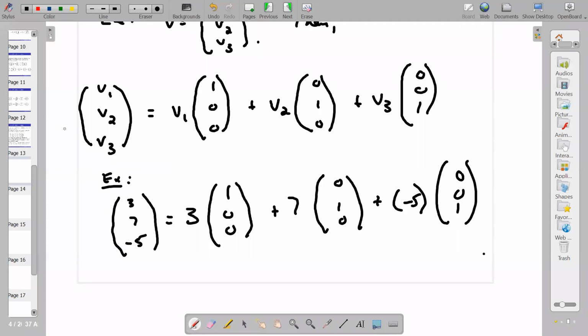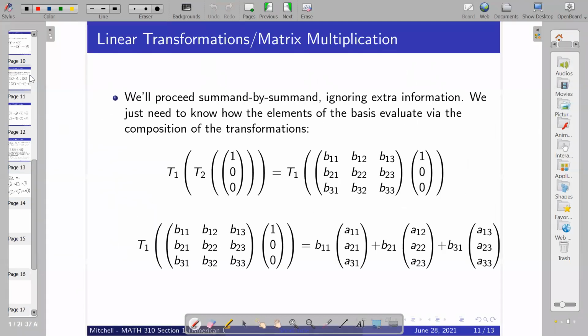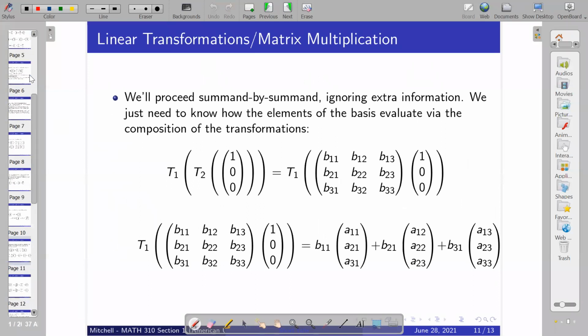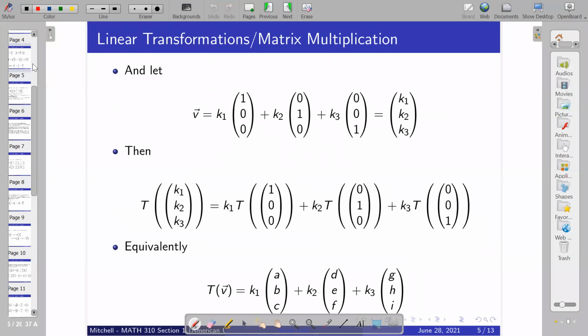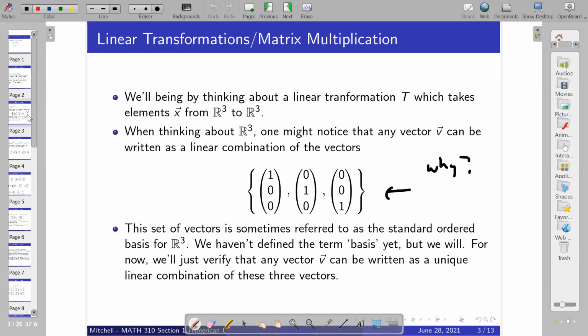So, back to the slide. Okay. So again, sometimes this set of vectors is referred to as the standard ordered basis for R3. We haven't really defined the term yet.